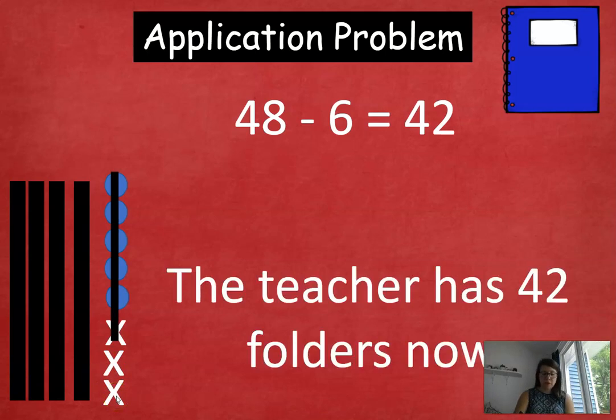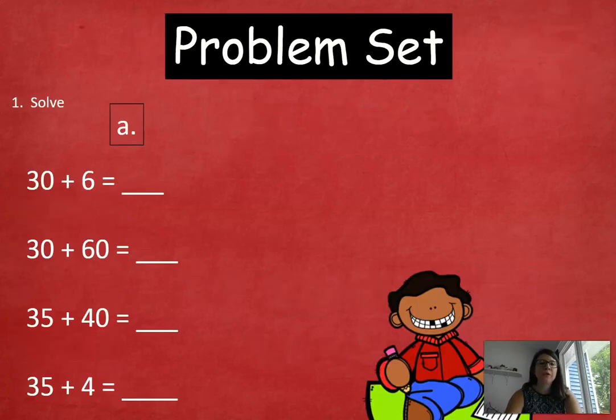If we decompose, we take 48, break it into 40 and 8. Then we subtract our like units. 8 minus 6 is 2. So we're going to take our leftover 40 plus 2 equals 42. Ta-da! Awesome.